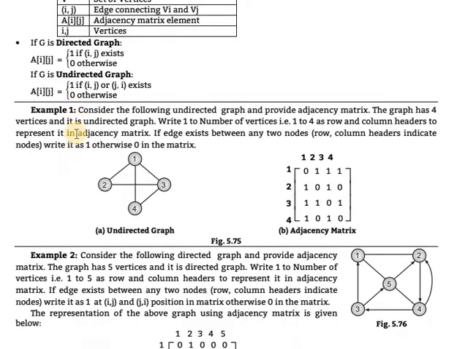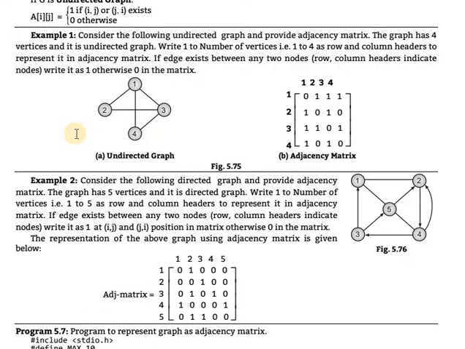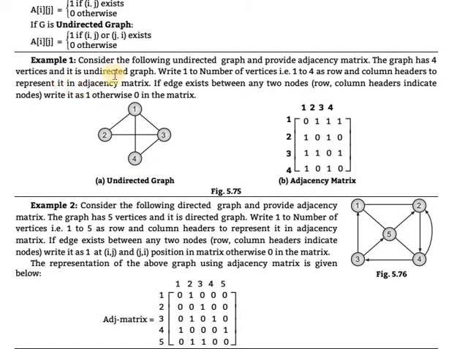Examples. Example 1. Consider the following undirected graph and provide the adjacency matrix. The graph has 4 vertices and it is undirected. Which are the 4? 1, 2, 3, 4.